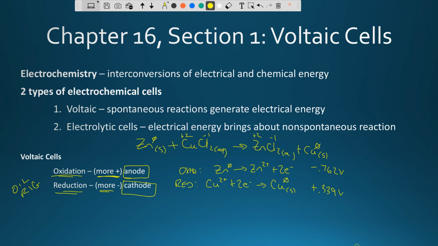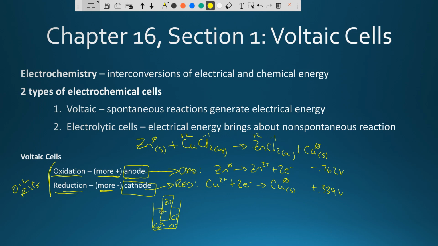Now, if I'm going to apply this piece as well, notice that my oxidation, this is going to be my anode. My zinc is my anode, and my copper solution would be considered the cathode. Right now I'm thinking of my zinc as a metal that's immersed in one copper ion and 2 chloride ions floating around in solution.